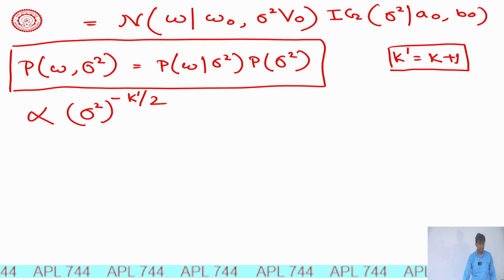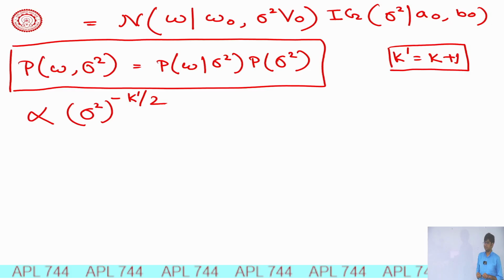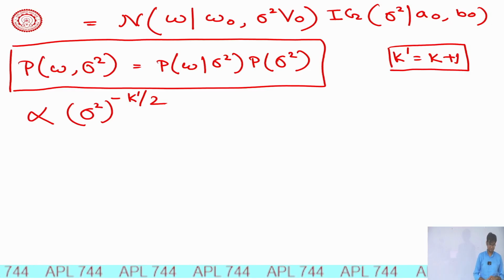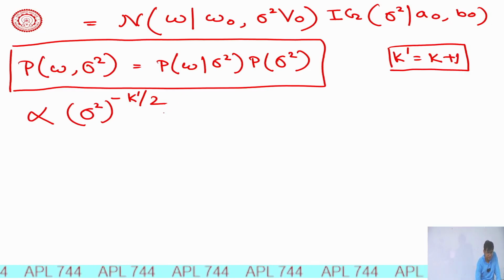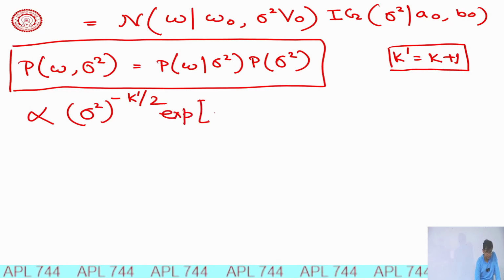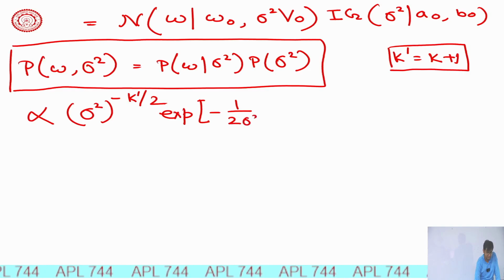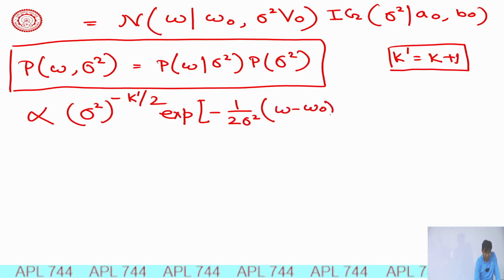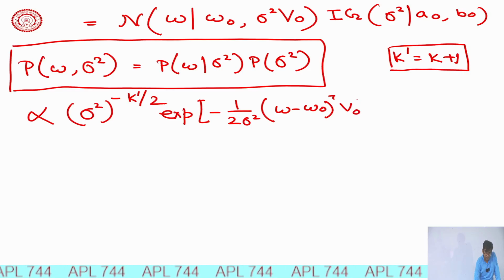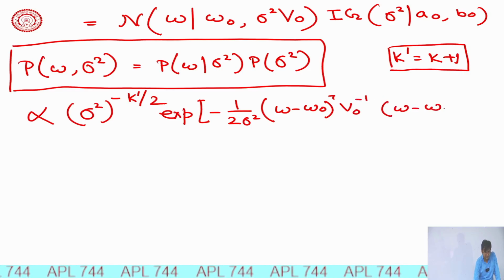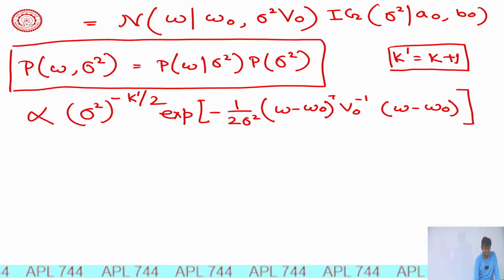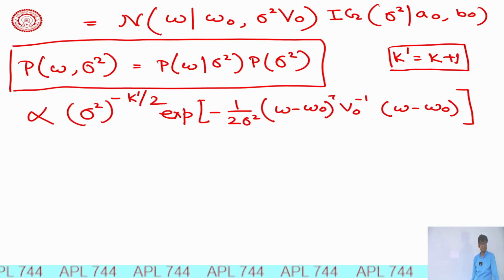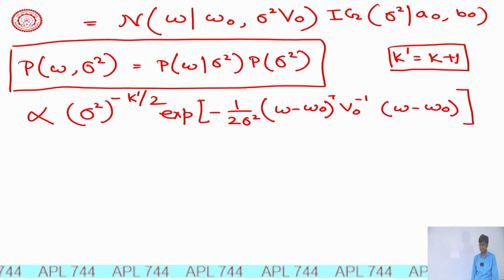Then what will be after that in the Gaussian term? Exponential of minus 1 by 2 sigma square, and then inside, W minus W naught transpose V naught inverse W minus W naught, right. Clear what I have done? Basically the simple Gaussian expression.